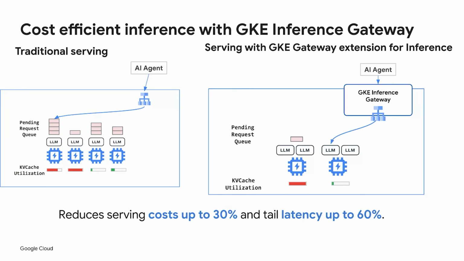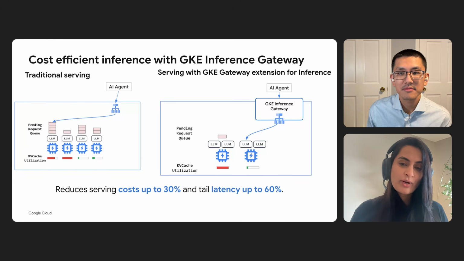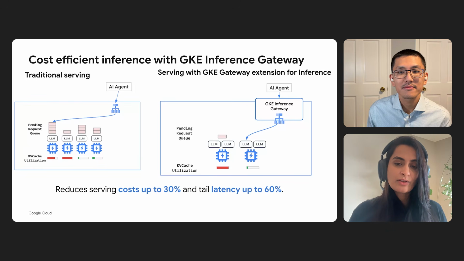With GKE inference gateway, we understand the vLLM model serving, and we look at the KV cache and the local queues of these models, and then adapt accordingly. In this case, we saw the first one here is overloaded. It has a high KV cache utilization. So it understands and goes to the VM that has lower load.